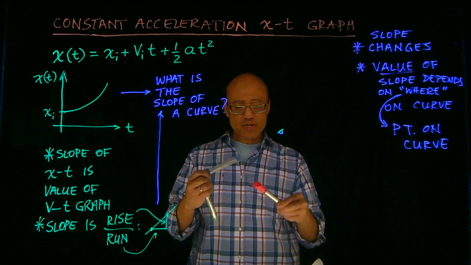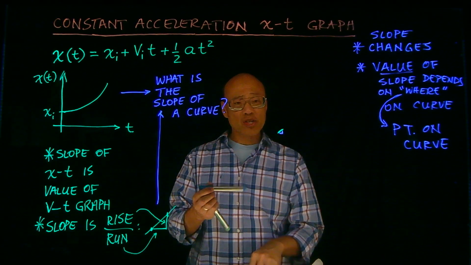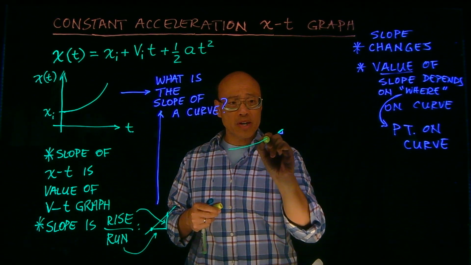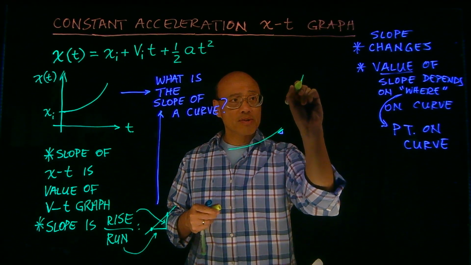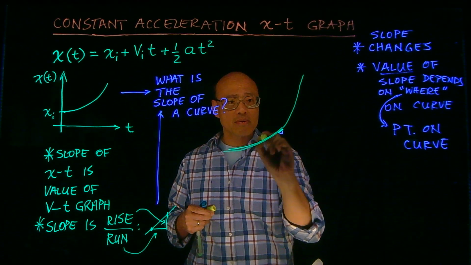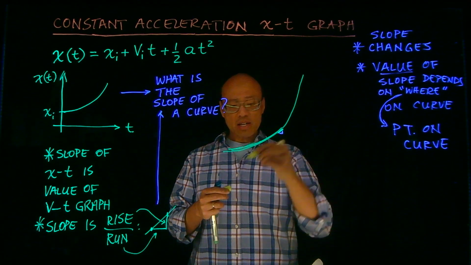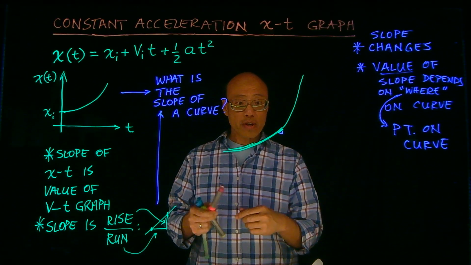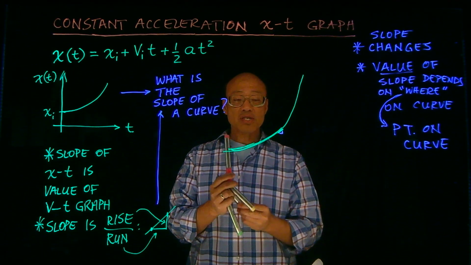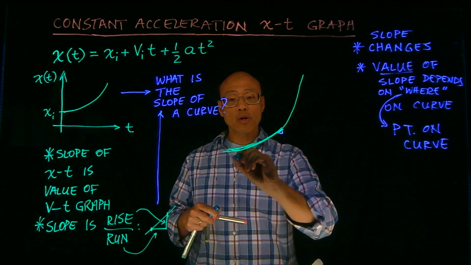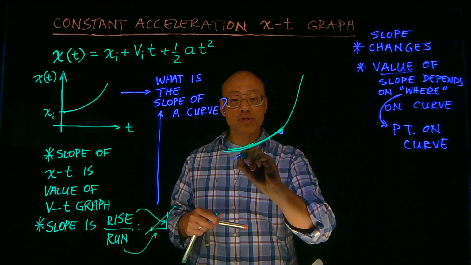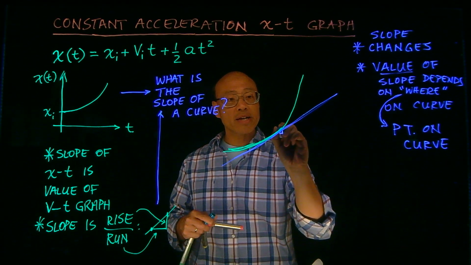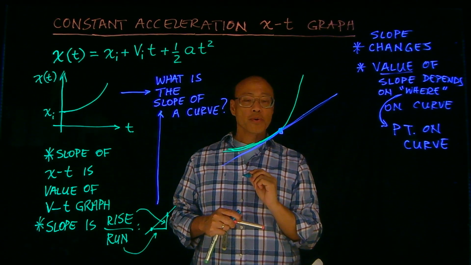That part is where I figured out the slope for a very, very tiny point, say on the curve, right? Something like that. Well, if I take a look at that slope, it turns out the slope of the curve at that point is the same as the slope of a line that touches the curve right at that point. Okay?